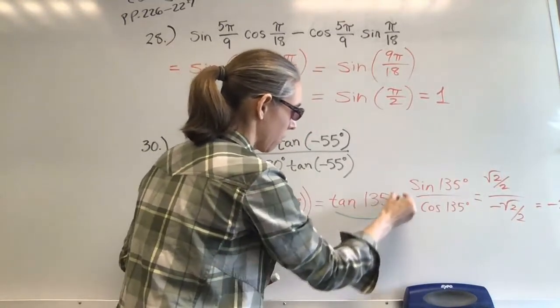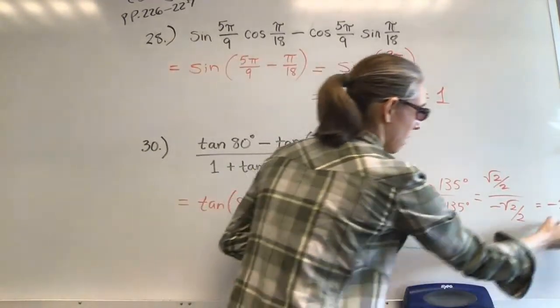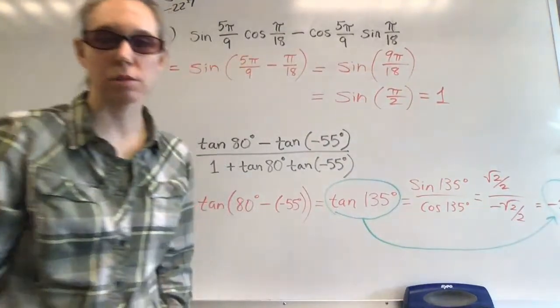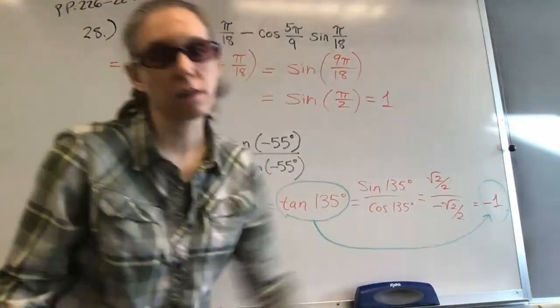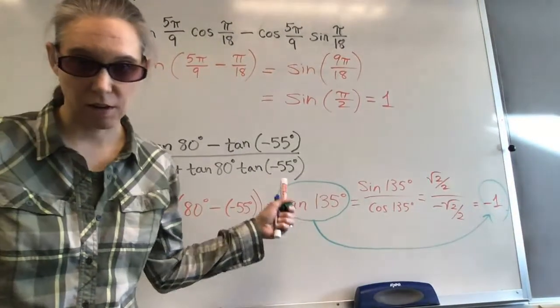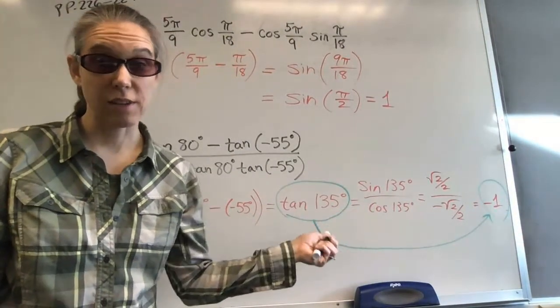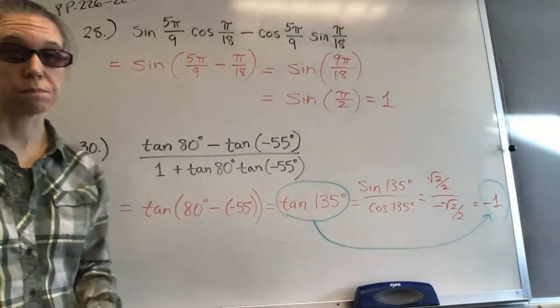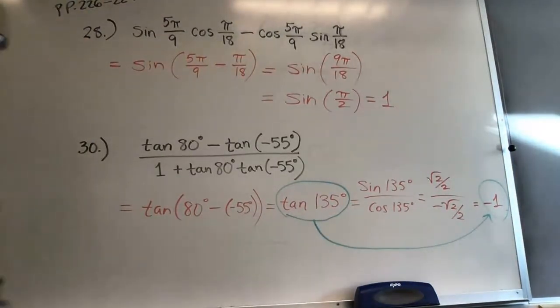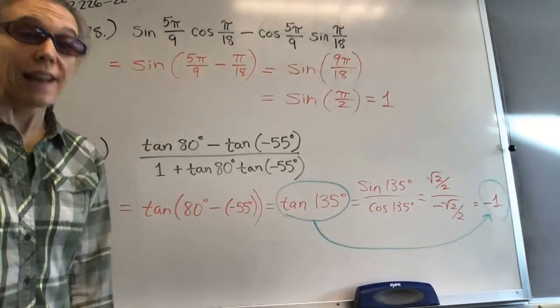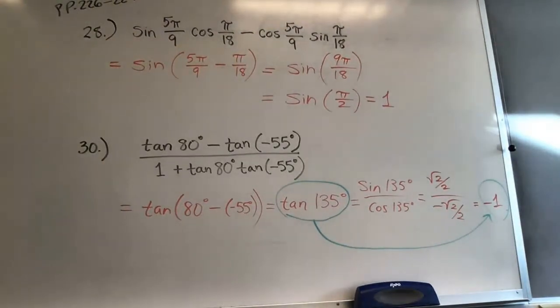You can go straight from here to here. I was just reviewing the process again of how we get these values of tangent from the unit circle. So there's 28 and 30. We are 2/3 of the way through the lecture. Good. Next, we get to do number 42.